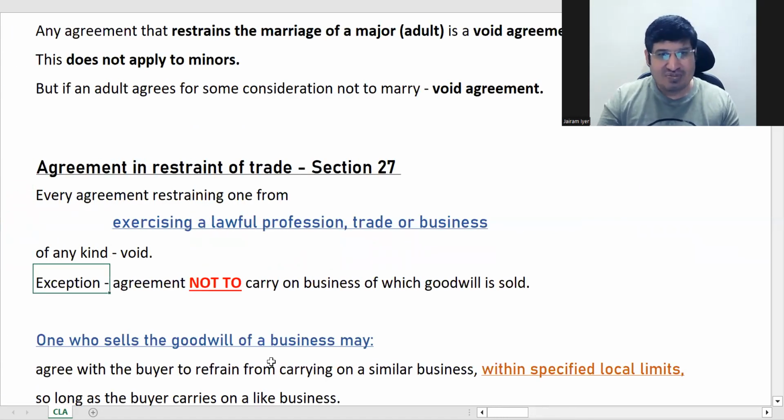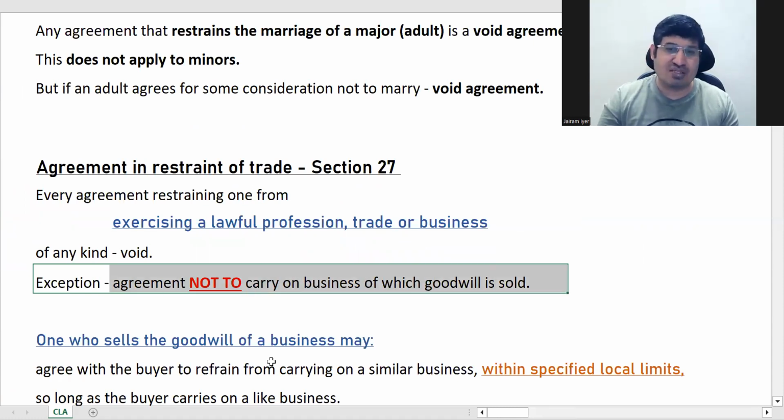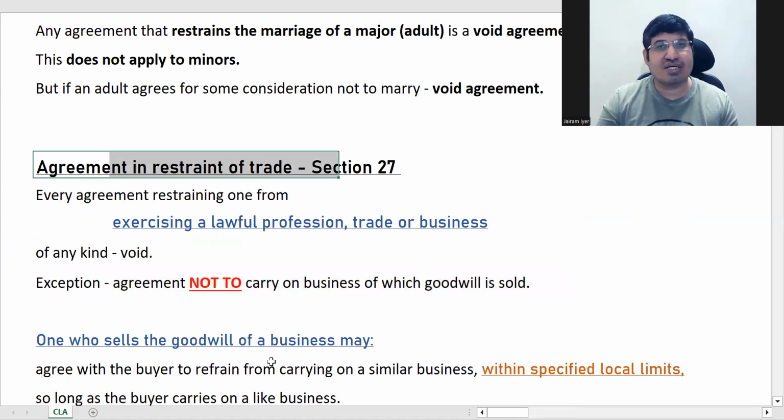So which is why there is an agreement not to carry on a business of which goodwill is sold. This is an exception to agreement in restraint of trade. So here you are restraining Dr. Mishra from practicing in 5 square kilometers, but it is not void.